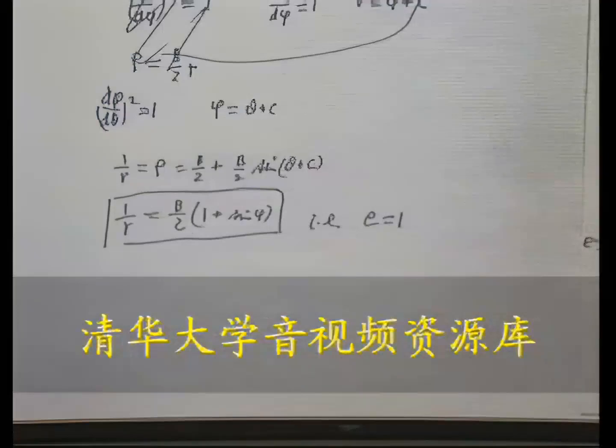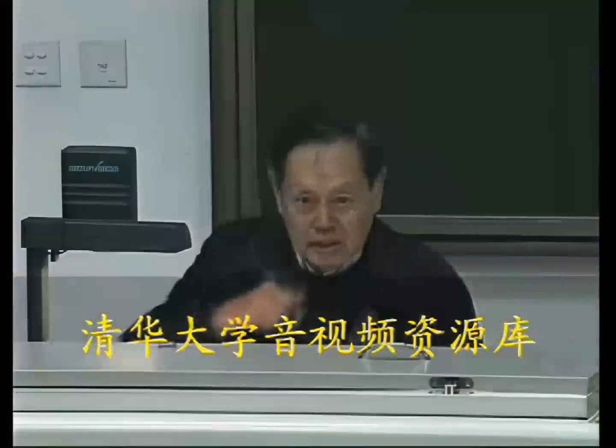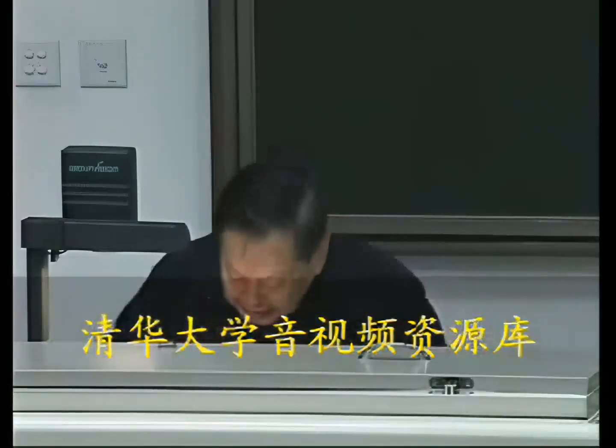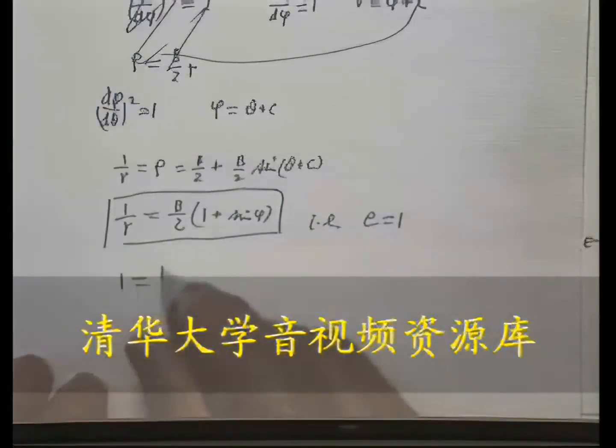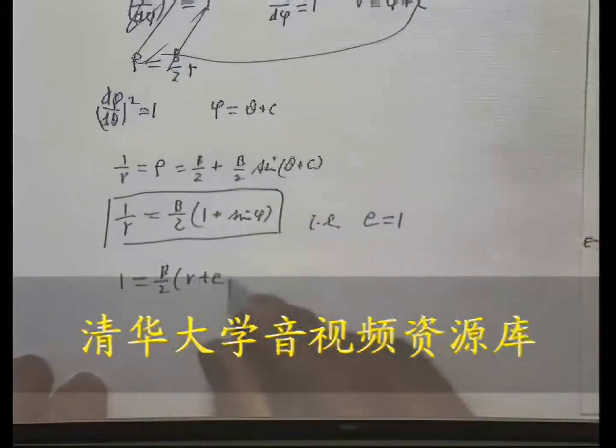How do we change this into Cartesian coordinates? Cartesian coordinates are the orthogonal x and y. We change this into 1 equal to b over 2 times r plus e y.